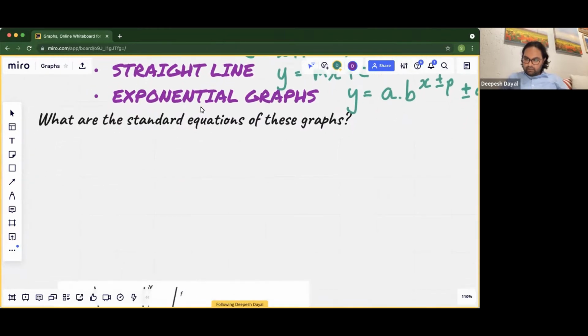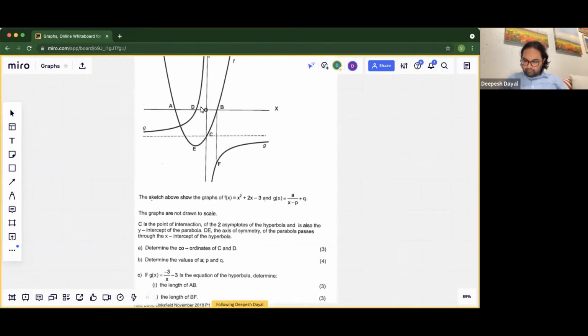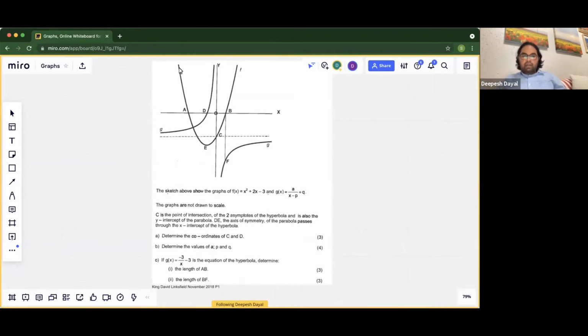Let's look. Here's the question for today. I'm going to zoom in, but I'm just showing it to you, like the whole thing, before I zoom in. So we've got this. It says a sketch shows the graphs of f(x) equals x squared plus 2x minus 3 and g(x) equals a over x minus p, plus q.